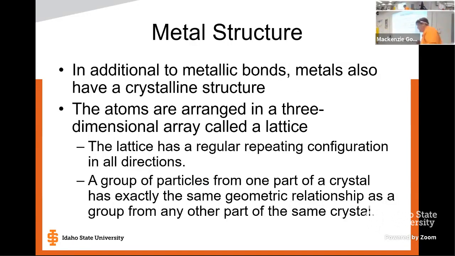Okay, in addition to metallic bonds, at the atomic level, metals are also crystals. Okay? What that means, a crystal has atoms that are arranged in a three-dimensional array called a lattice. So one of the unique properties of a metal is that because it has this crystalline structure, we know the format that the atoms are going to arrange themselves in order to accomplish that sharing of electrons.